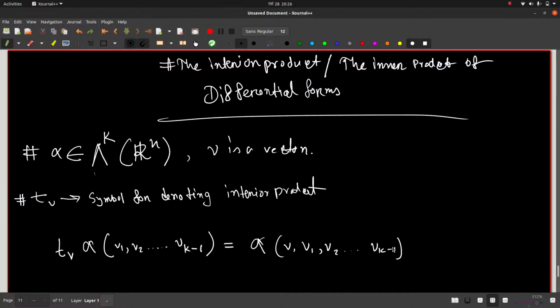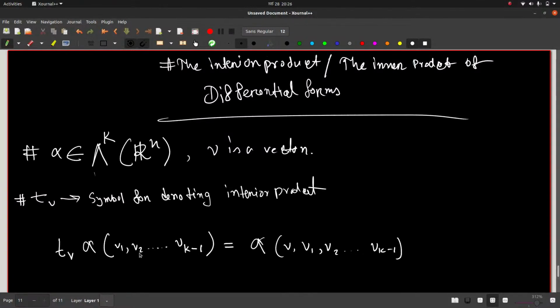Okay, and these v1, v2, ..., v(k-1) are just k minus 1 vectors. What this interior product does is that this i_v alpha, which acts on these vectors, just puts the vector v into alpha's first slot.